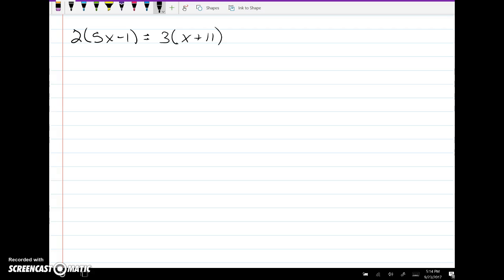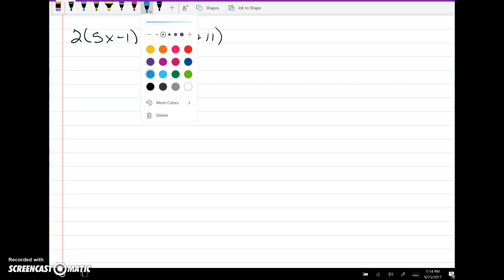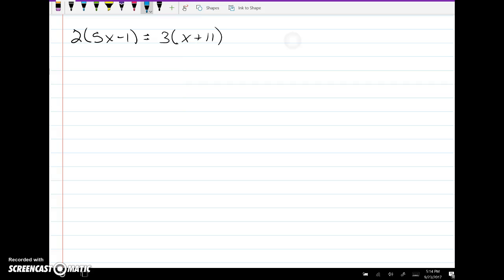What's different here is the distributive property. The distributive property is like the king. It must always be done first.